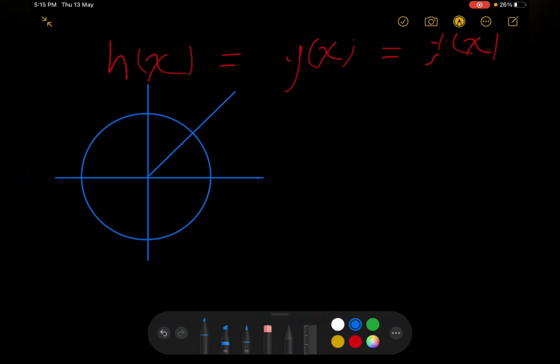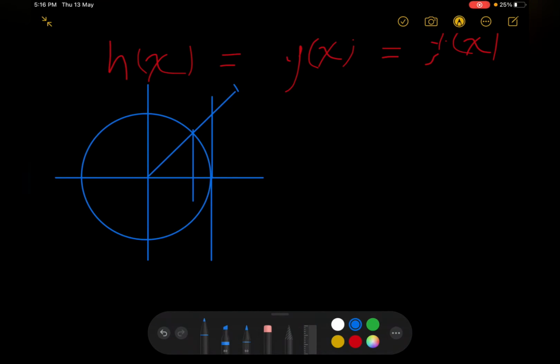Now if I draw a line parallel to this line, starting from this point, and cutting through this line here, I would make a right angle triangle. And then from there, we're going to make a line tangential to the circle itself that cuts through this line, making a bigger right angle triangle.